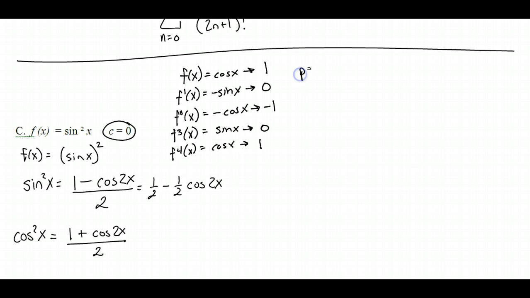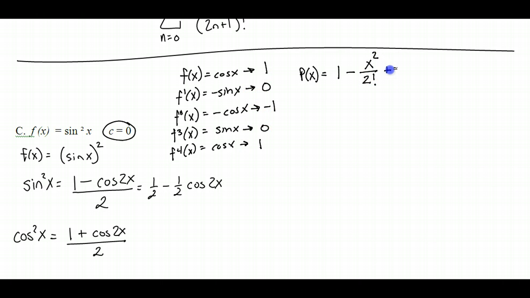As a polynomial, this is 1 for that portion minus, and if my coefficient is 0, I don't even include that term because it's 0 times whatever. It's going to cancel that out. So then I'd have a negative 1, so it's minus x squared divided by 2 factorial.